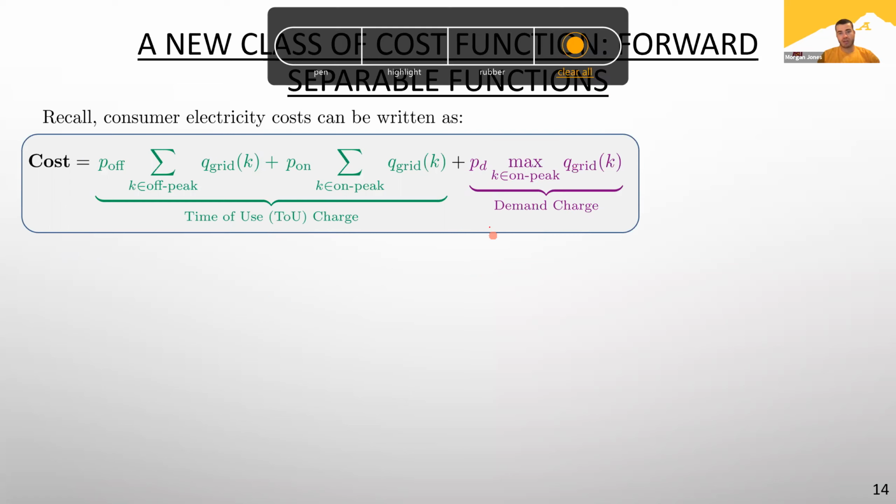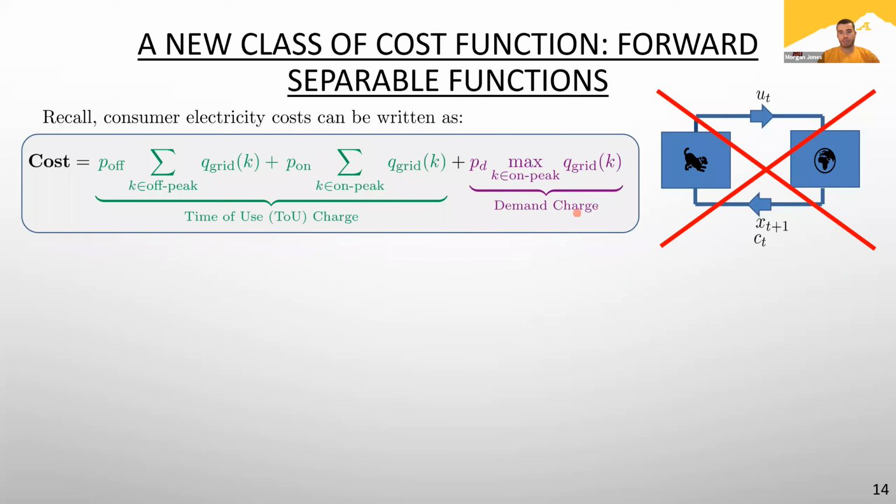But the fact that we have demand charges means that we need to extend the theory in some way. Because now, if an agent makes a decision of the input, then the cost now doesn't just depend on the previous state and the previous input chosen. This cost is a maximum term that depends on the whole history of the state sequence.